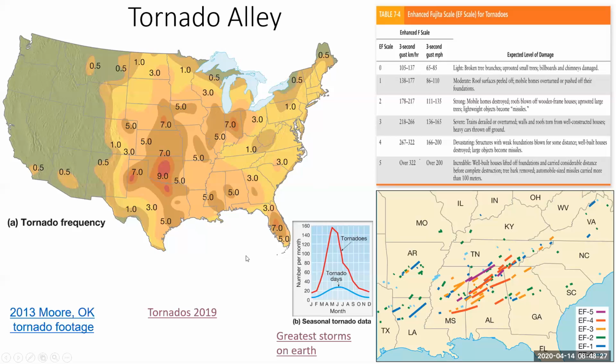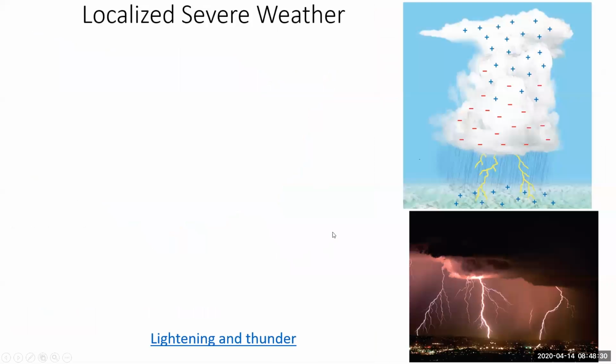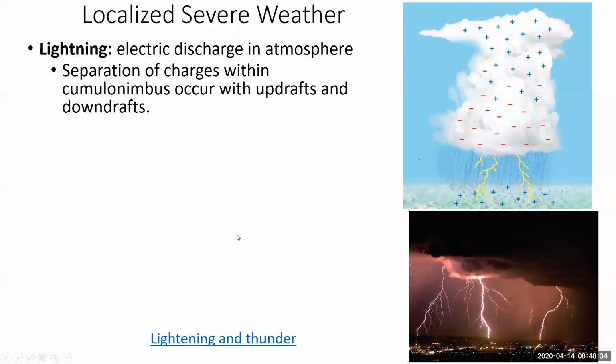Let's look at a few other aspects of localized severe weather, and that has to do with lightning. Lightning is basically an electric discharge in the atmosphere, and it usually happens particularly in cumulonimbus clouds. Remember, cumulonimbus clouds are those clouds that are usually created by vertical movement, updrafts, and there are downdrafts as well.